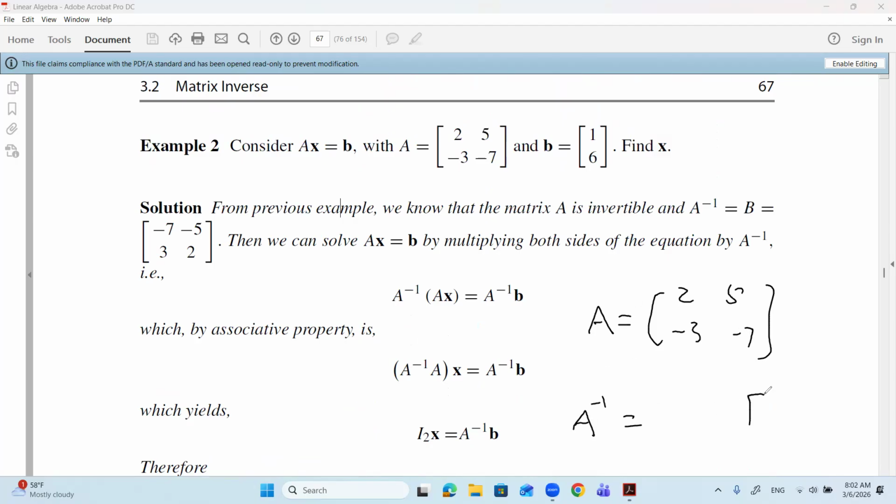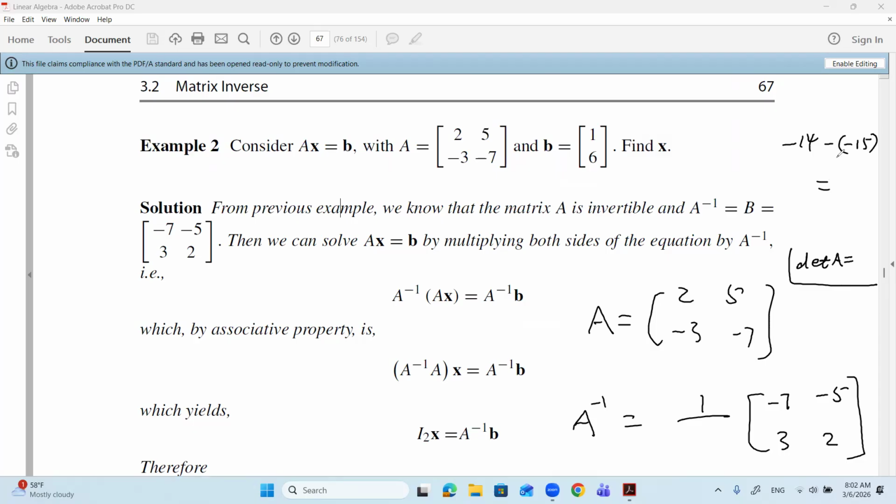The inverse will be, if we swap the diagonal entries, -3 and 2 now. And then if we take the negative of each non-diagonal entry, -5 and +3. So don't forget this scalar. It is 1 over the determinant of A. What is the determinant of A? The determinant of this A is 2 times -7, it's -14, minus -3 times 5, which is -15.